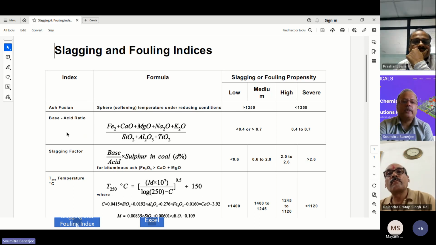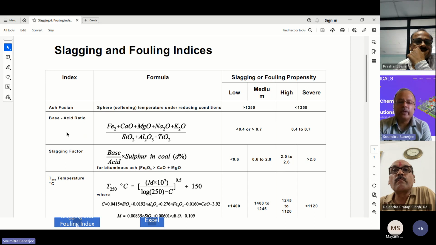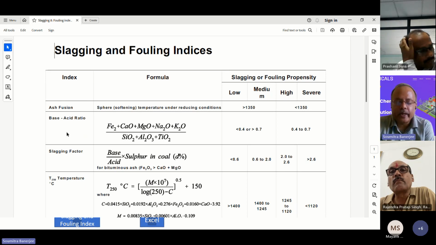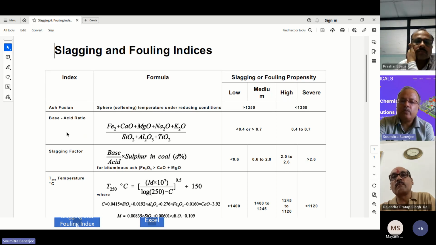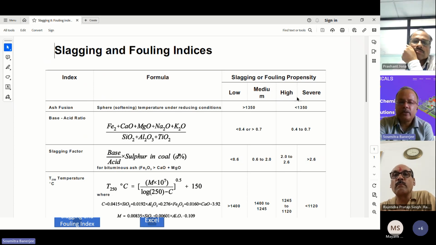Now, base to acid ratio in your ash, the formula is given here: iron oxide, calcium oxide, magnesium oxide, sodium oxide, potassium oxide divided by silica, alumina, and titanium oxide. If it is 0.4 to 0.7, then it is high and severe. If it is below 0.4 or above 0.7, then it is low.